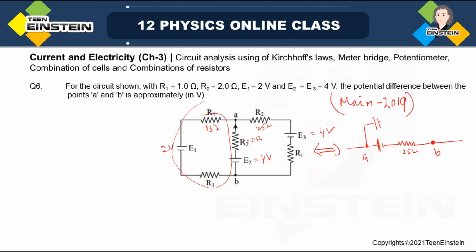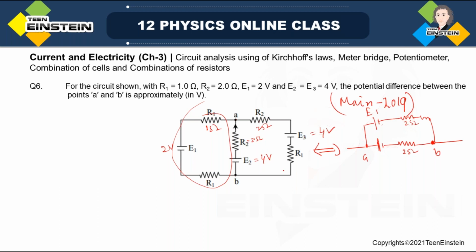Obviously there is a battery which is connected to A as positive and B. This is the battery E1, and the equivalent resistance is 2 ohm. So this is the kind of circuit.